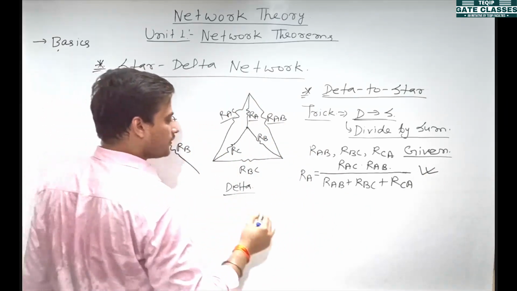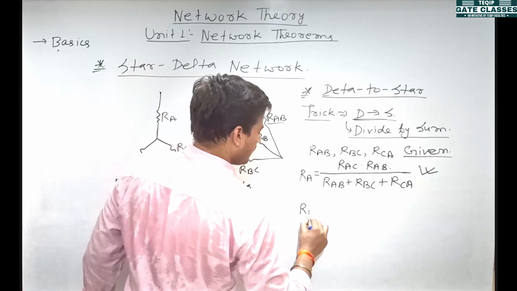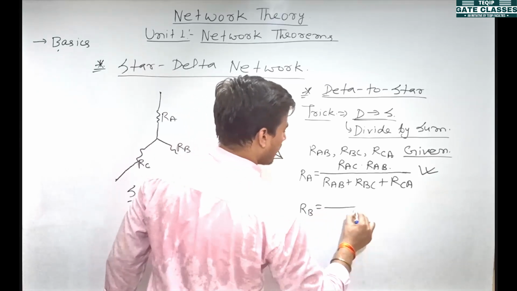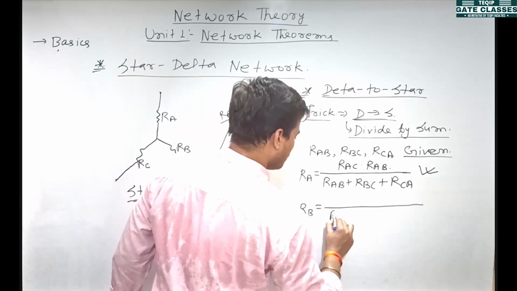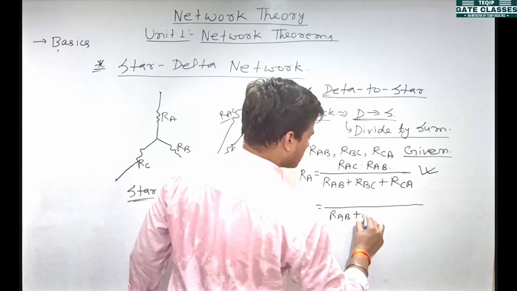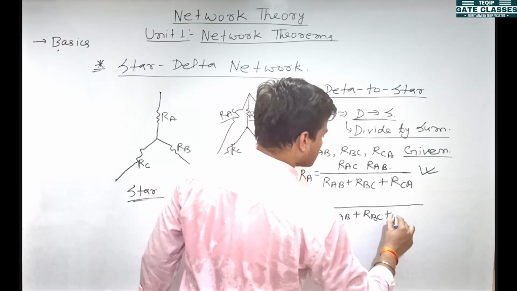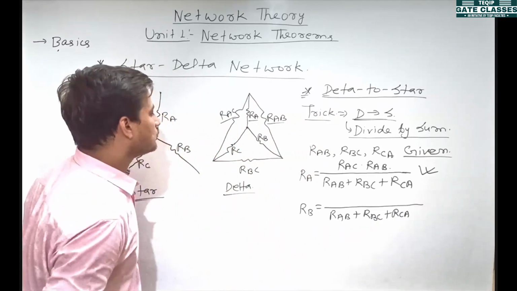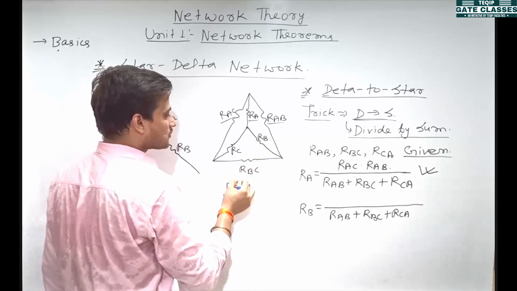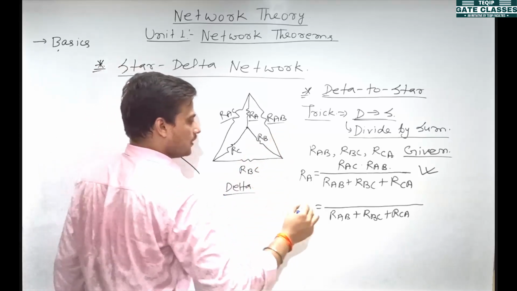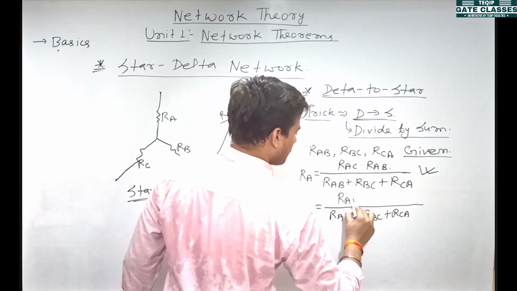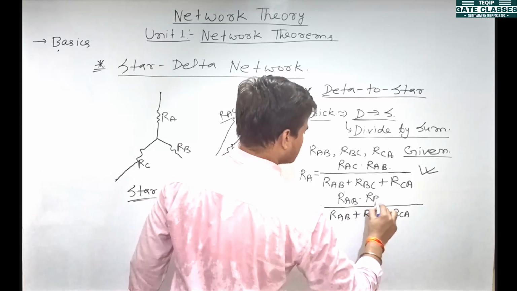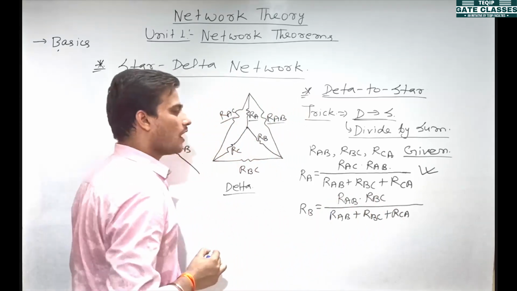Similarly, you have to write RB. RB will be equal to, again, the denominator sum RAB plus RBC plus RCA. At the numerator for RB, these two resistors are associated with RB, so it will be RAB into RBC.